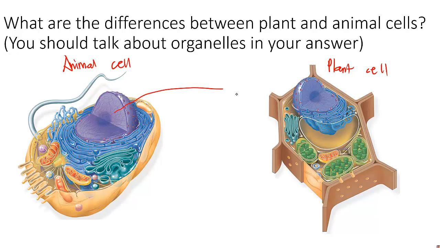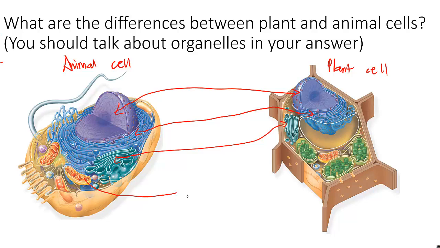We've got the nucleus, we've got the endoplasmic reticulum, the Golgi apparatus. They have the same thing. You can see it there. We've both got the mitochondria. We've both got these little green things, which are lysosomes, or vesicles. They have all the same things, but a plant has extra special things.